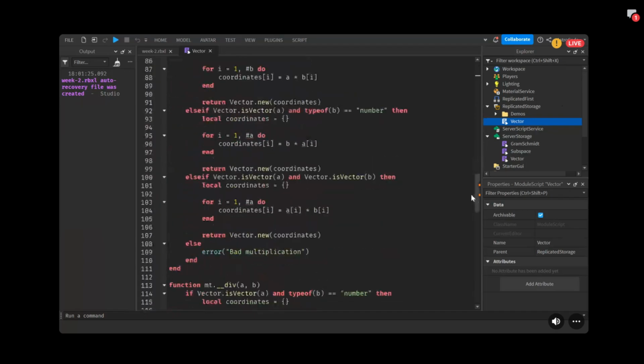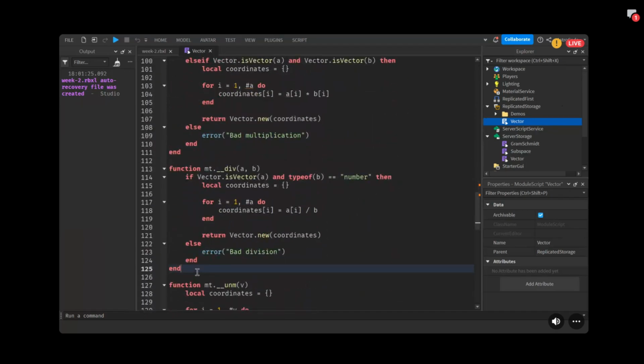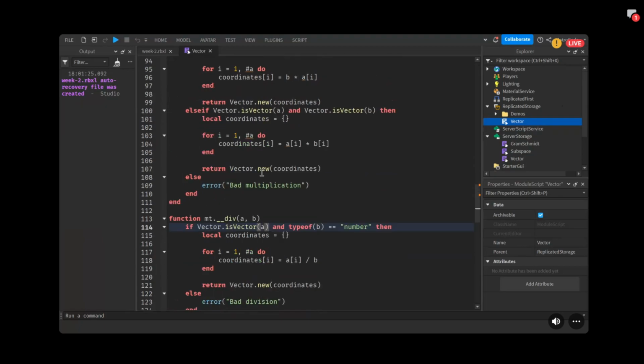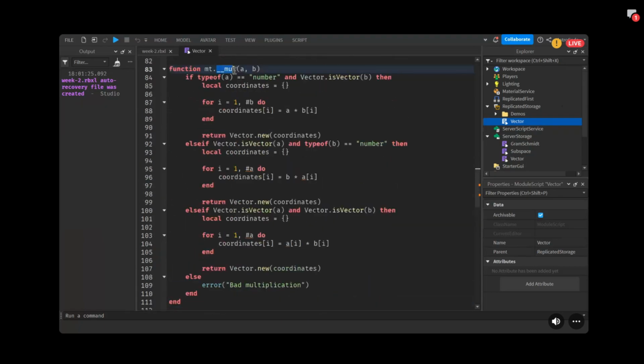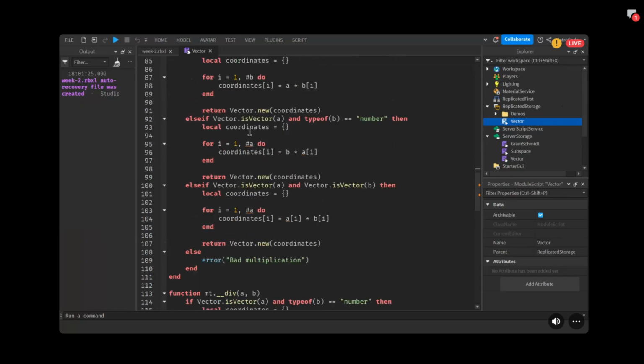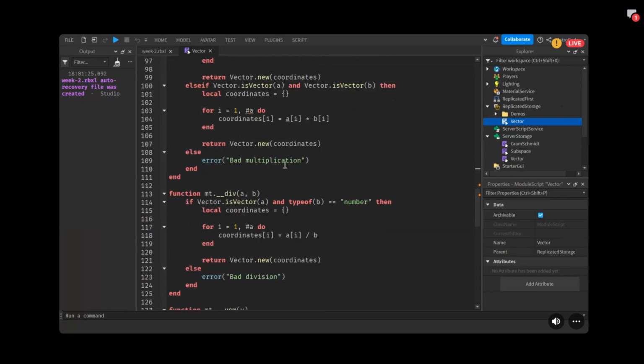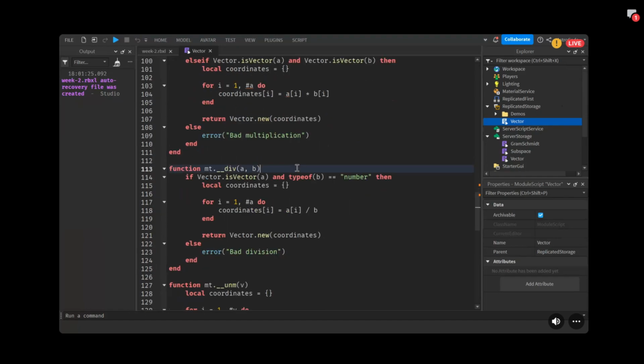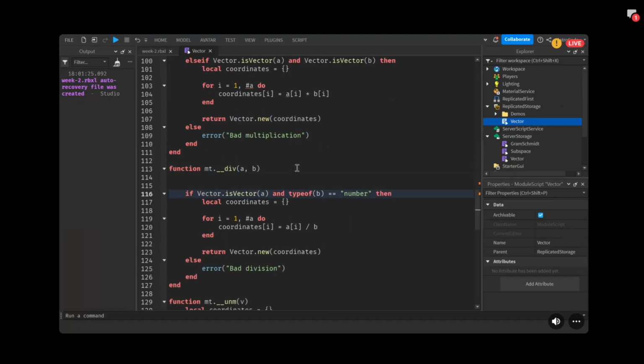Something else I had forgotten to do last week was div. We did scalar multiplication, which we can do with this mul function, but I forgot division, which is dividing a vector by a number. What's easier about division is that you can't divide on the left. We cannot do a number divided by a vector; this is not a defined operation.